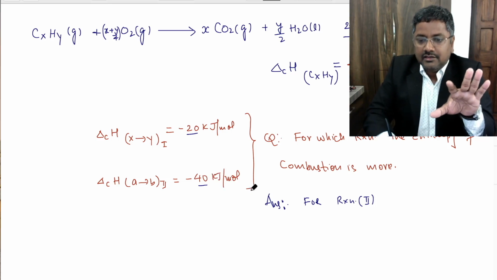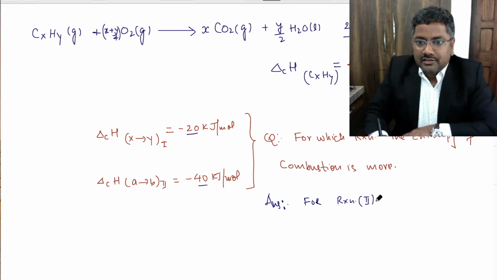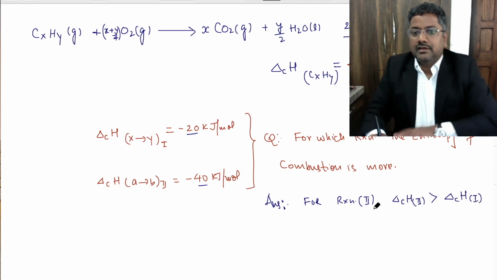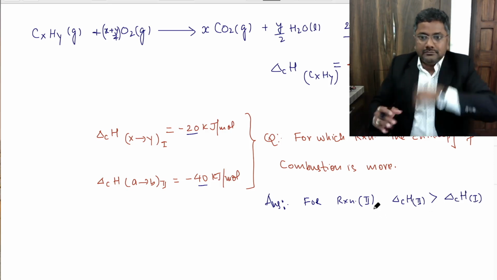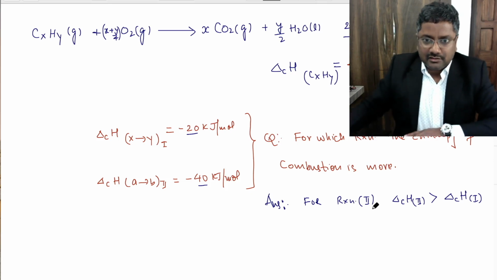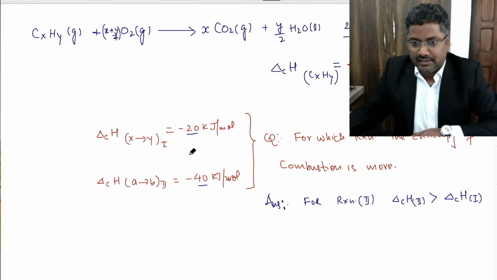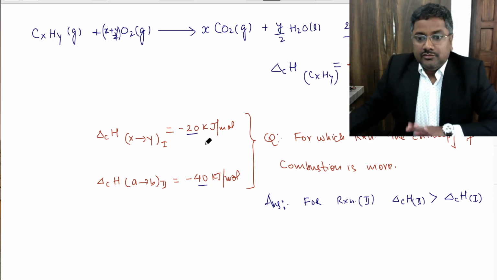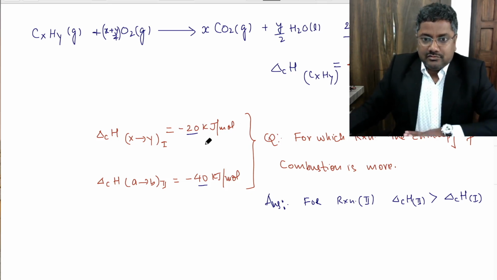So for reaction 2, the enthalpy of combustion is more than the enthalpy of combustion for reaction 1. Clear to everybody? So whenever you are comparing the enthalpy, don't consider this negative sign, you should consider only magnitude.